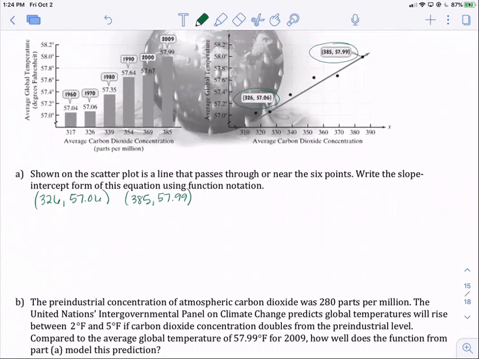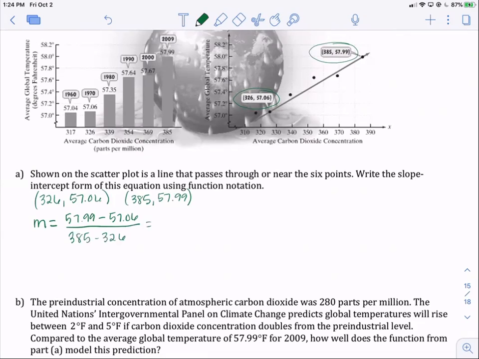Slope. So m equals, what are we going to subtract on top? 57.99 minus 57.06. Correct. Over what? 385 minus 326.